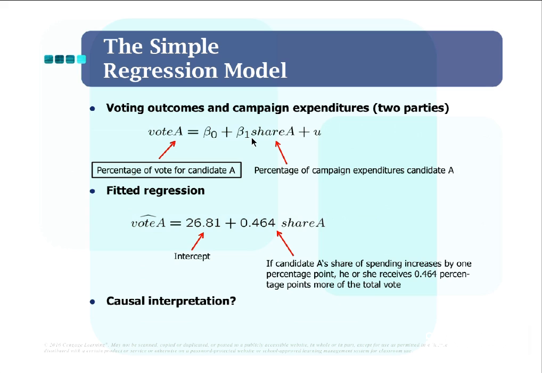There are two candidates in each election race, A and B, maybe one from the Democratic and the other from the Republican party. Vote A is the percentage of vote for candidate A, and share A is the percentage of campaign expenditures of candidate A.